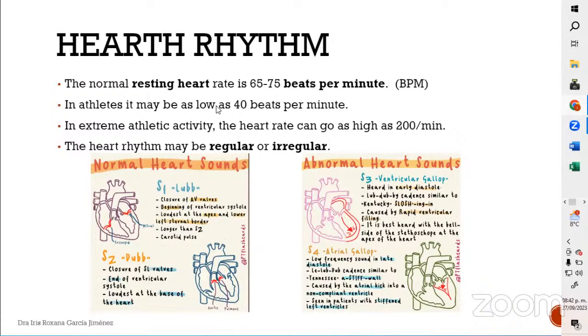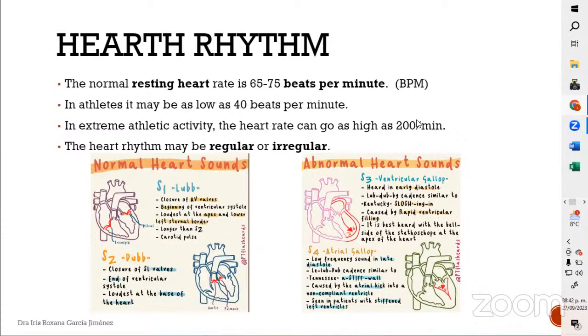In athletes, it may be as low as 40 beats per minute. You know, we can write down in our report the full term or the abbreviation. In extreme athletic activity, the heart rate can go as high as 200 beats per minute.